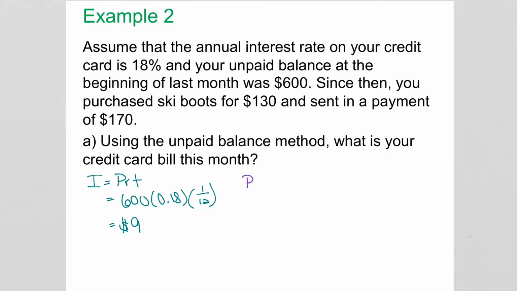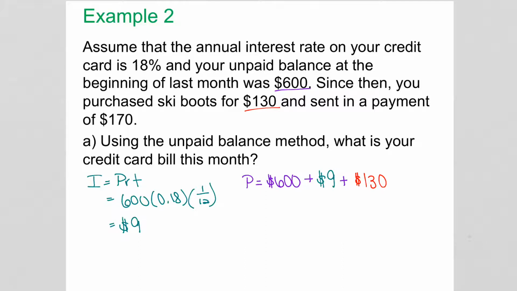So P is your previous month's balance, that's $600, plus your interest, that was $9, plus anything you've purchased, ski boots for $130, minus any returns.